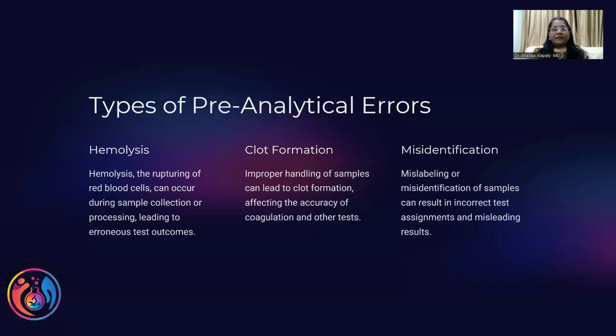Now, types of errors. As I told you, what we don't see and what we see. Red blood cells, hemolysis, clots, microclots. The WBC is gone inside, the RBC is gone inside, the platelets are inside the microclot. Then what values will you get? 100% it will be wrong.